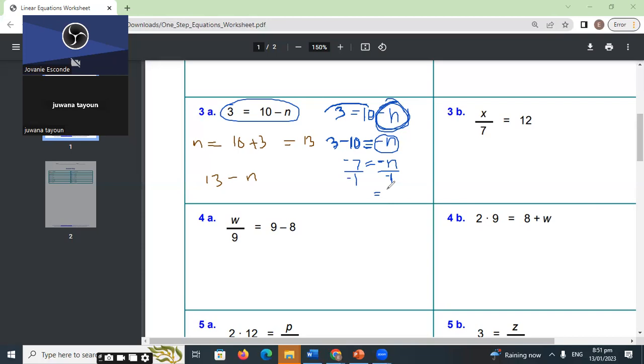Yes. So negative n divided by negative 1, that is 1n, right? Okay. Then negative 7 divided by negative 1. 7. That's right. So n is equal to 7.